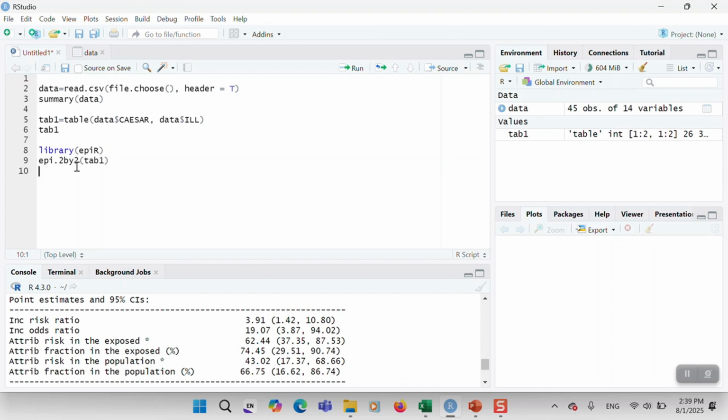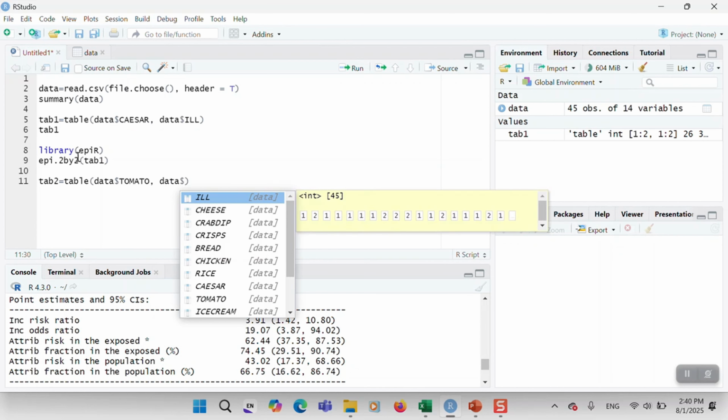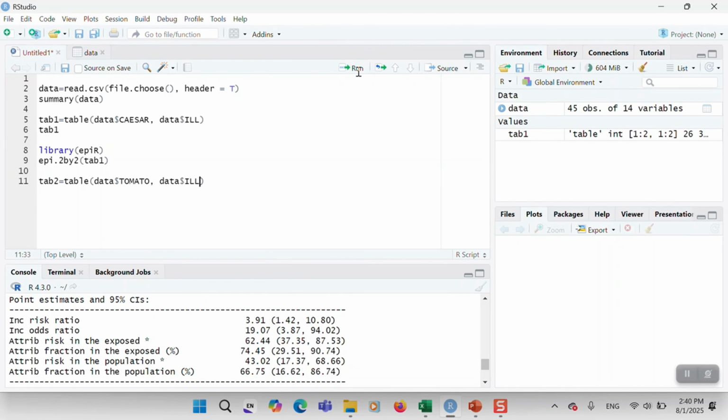Okay, so let's do this for tomato, the association between tomato salad and illness. I'm going to create another contingency table, table 2. The table is going to be between data of tomato, where the first one is exposure and the second one is your outcome. And then this is table 2.